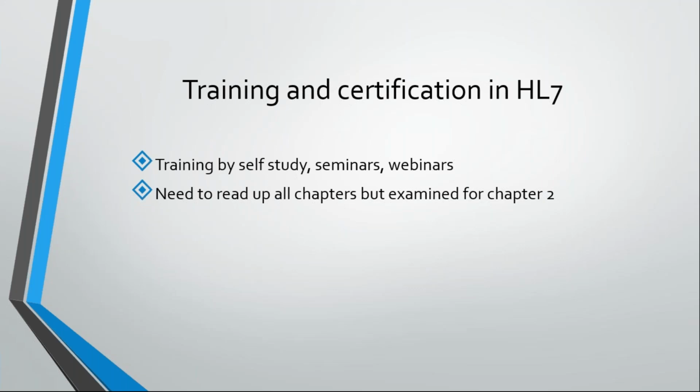There are many chapters as part of HL7 version 2.8. Currently the HL7 organization is providing certification on 2.8 and version 3, but this training is all about version 2. So version 2.8 is what they are currently providing the certification for.